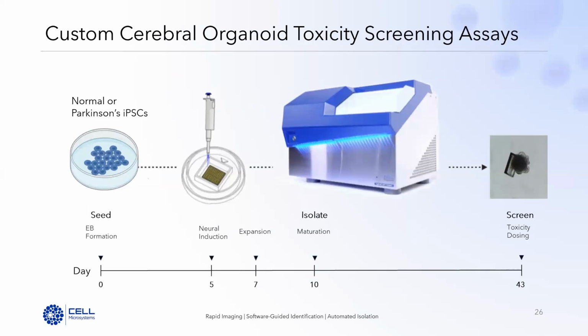Then on day 10, we take all of our imaging data, identify CellRafts that have our organoids of interest, and use the CellRaft air system to isolate them into the collection plates, into maturation media. Those organoids continue to mature off of the array in the collection plates out to, in this case, day 43, when we then do our toxicity dosing on those single organoids.